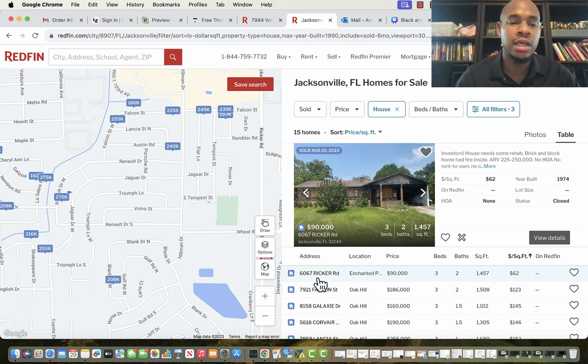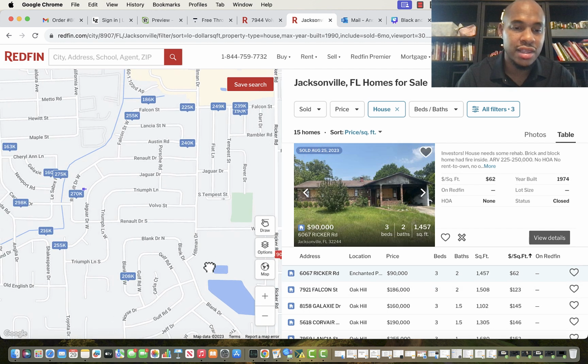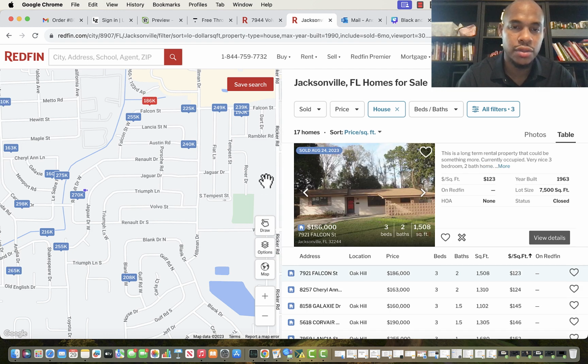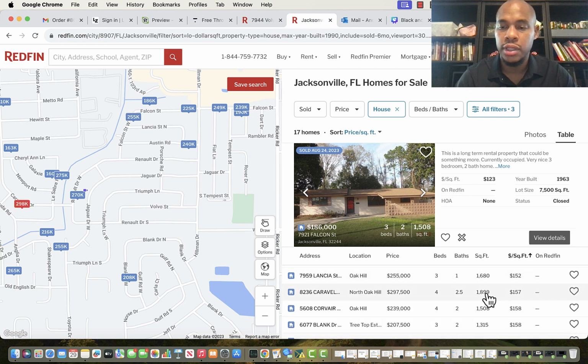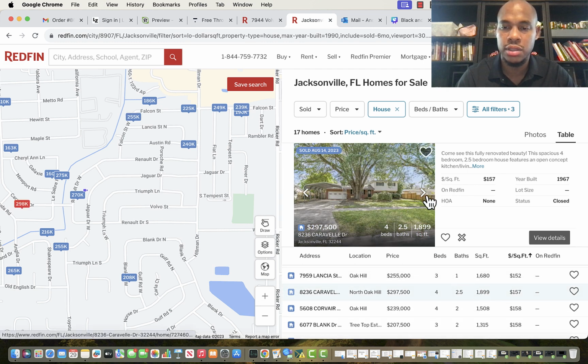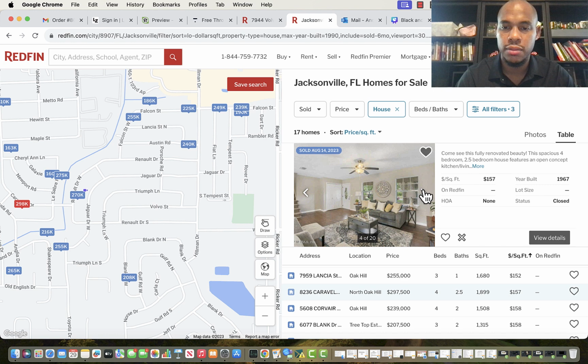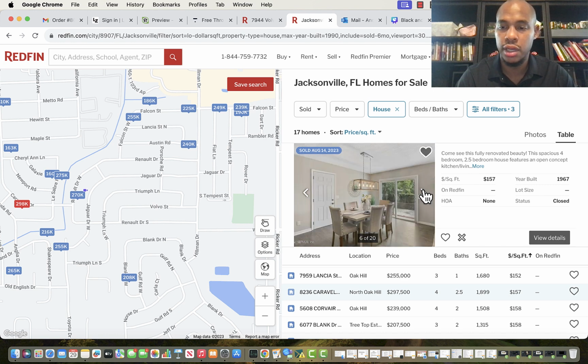I want to see if there's anything on this side of this major road that is comparable to our house. Anything that is that large, 1988 square feet. Here's something. Let's see what this is. Boom. There you go. There's a great comp, right?